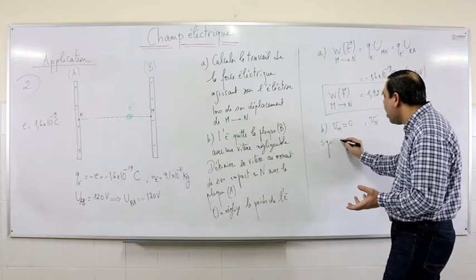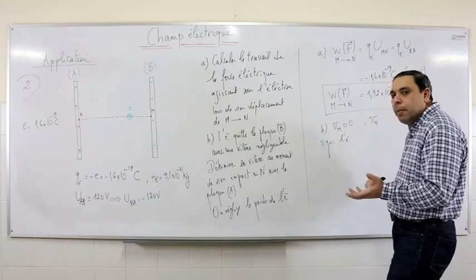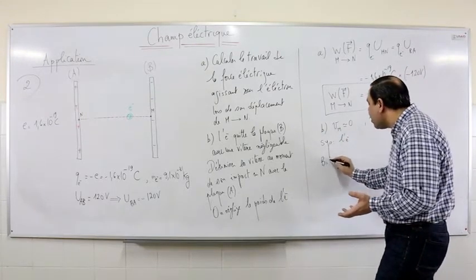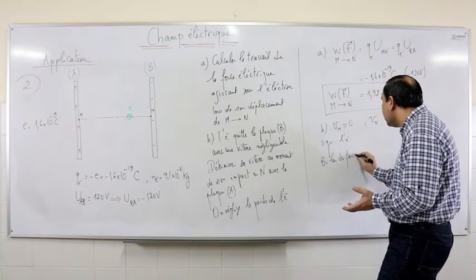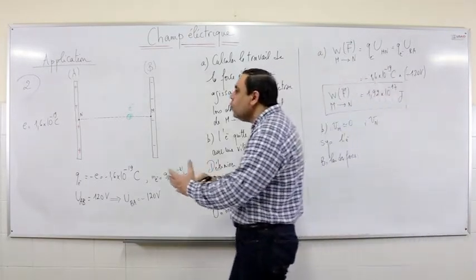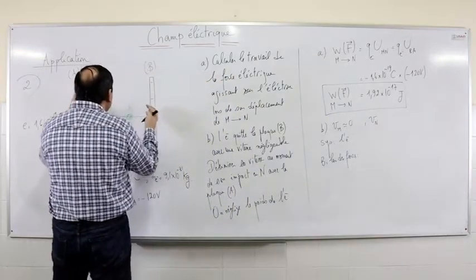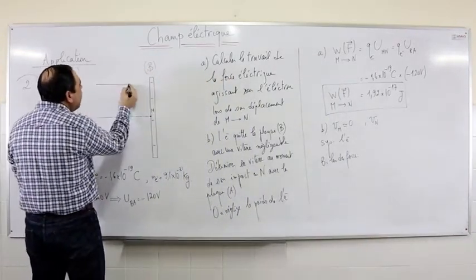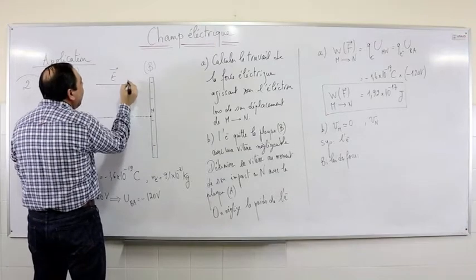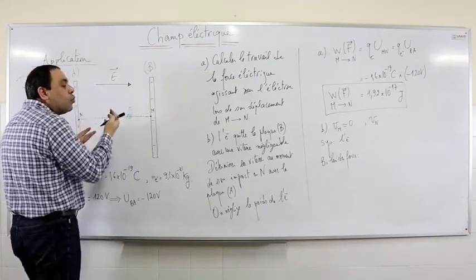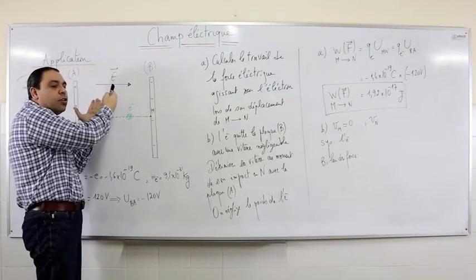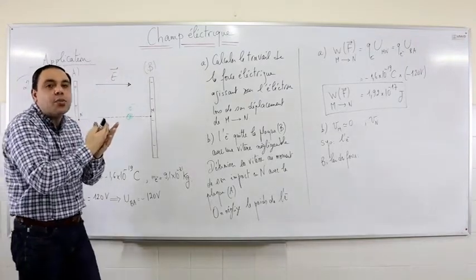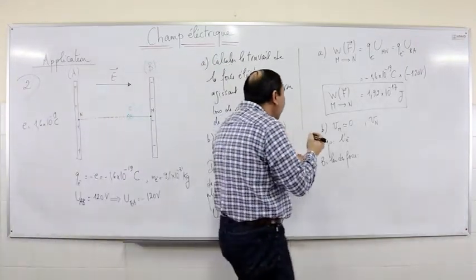The system is the electron. What are the forces acting on the electron? The electron is found in the electric field created by the plates. The electron is a charge. Hence, a charge placed in an electric field will be subjected to an electric force.